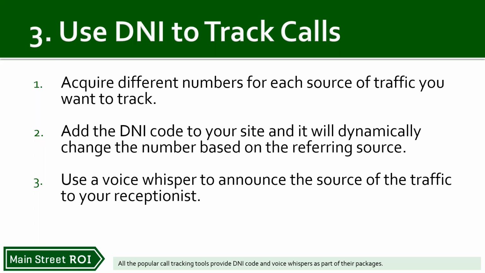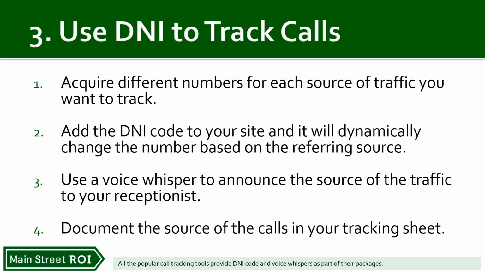I would call that number, and then your receptionist might hear a voice whisper or something like "call from email marketing," and then the phone will be connected. And that way your receptionist or your salespeople can then write down that that phone call came from a specific marketing channel. And then you want to obviously document that either in the tracking sheet or in your CRM.